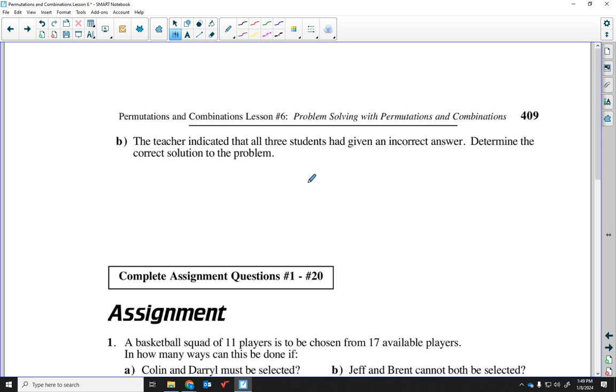So what's the correct solution to the problem? I kind of just was explaining it, but I'll write it down here. What we're going to do is take the number of combinations. Okay, so that doesn't account for order if we just do it like that.